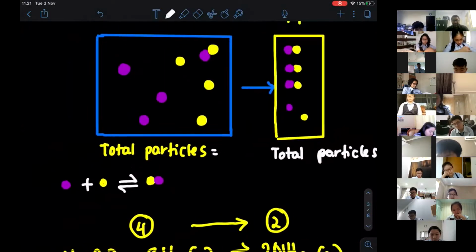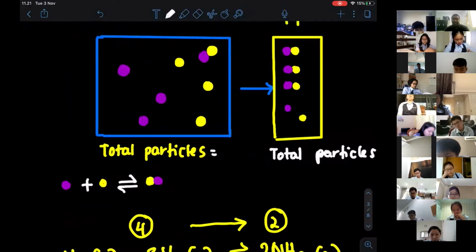So let's count in the beginning. How many particles do we have? I have 1, 2, 3, 4, 5, 6, 7. Assume each molecule is 1. Yes, 7 particles over there. I put 7 over here.